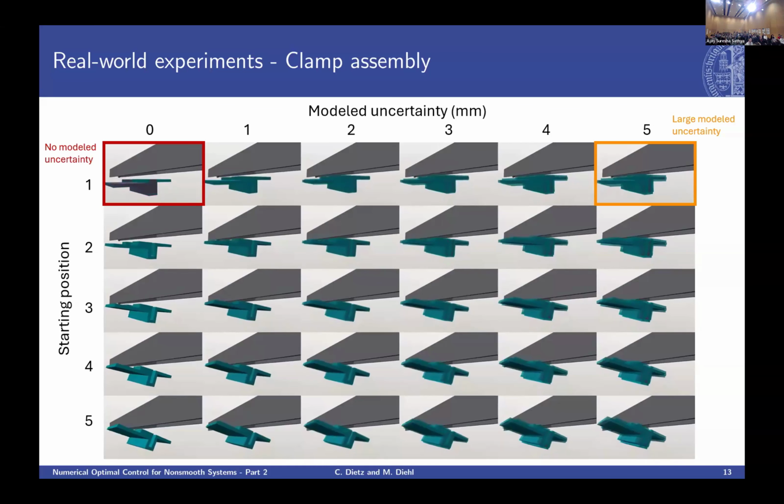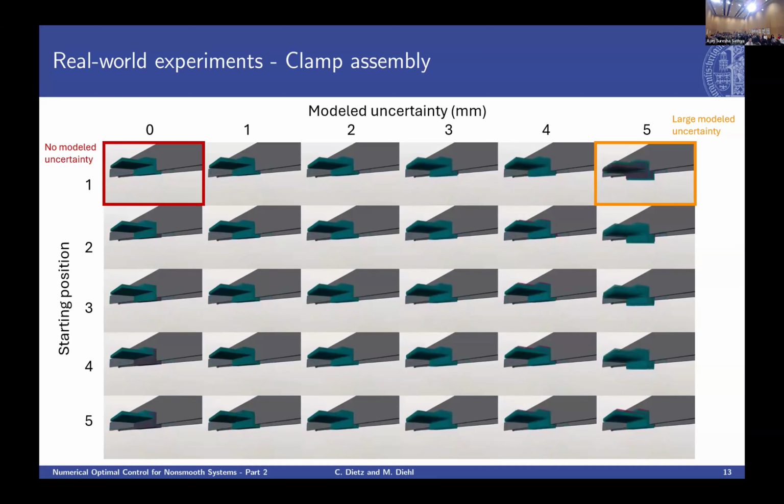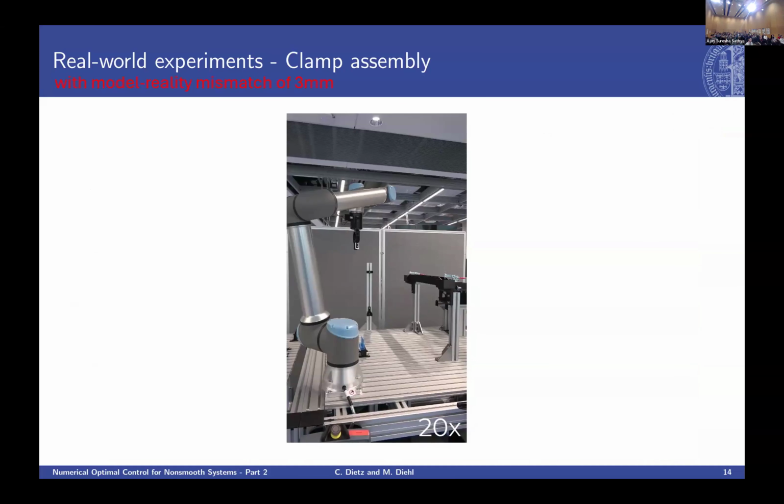We solve it to obtain 30 reference trajectories, which we can then execute on the real robot. We fine-tune the geometric positions on the real system such that we assume they match perfectly to the simulation, and then purposefully inject a 3 millimeter mismatch to be able to certify that our method really creates robustness.